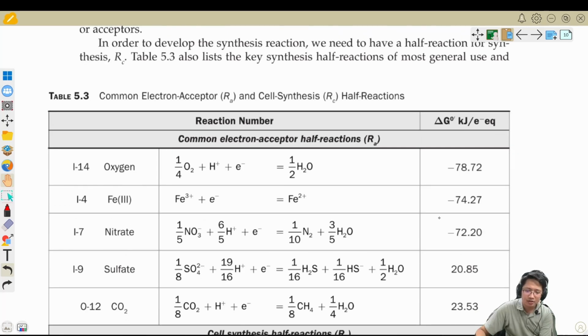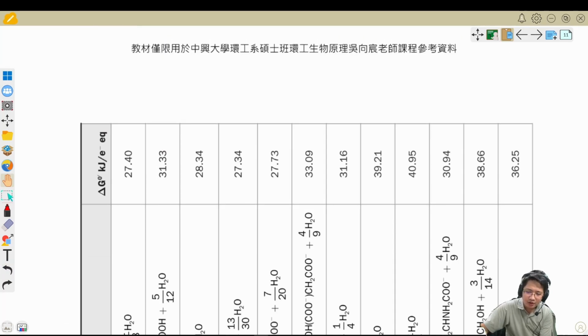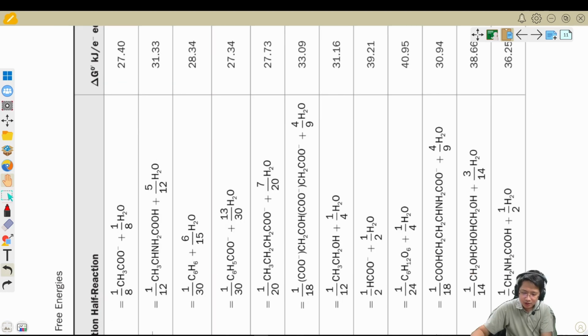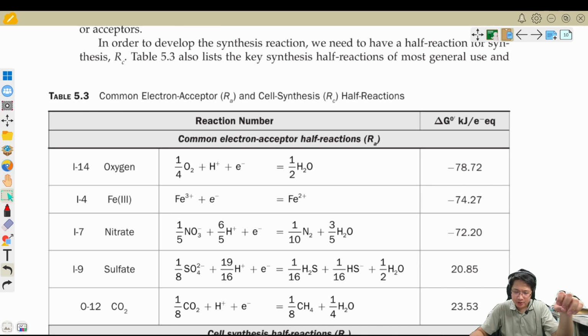They are listed in table 5.3 and also 5.4. Let me just cover the next page. Table 5.3 includes many common electron acceptor half reactions and also the cell synthesis half reactions.